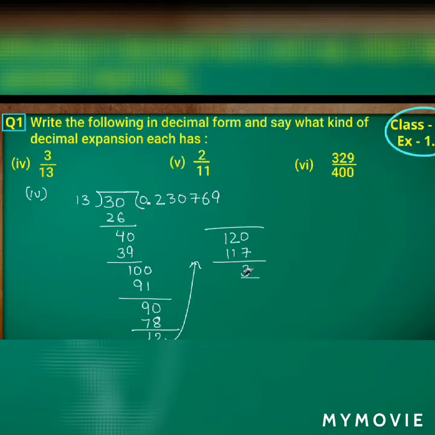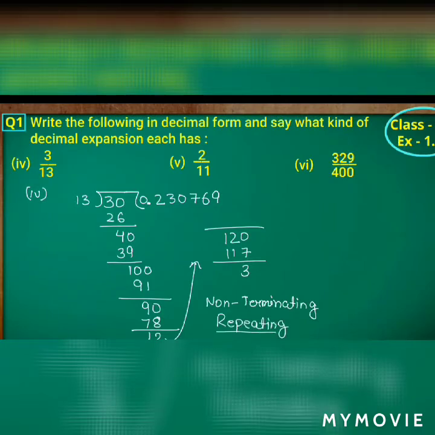So we can directly say that the values are going to be repeating. So I can directly stop there, and it is said to be a non-terminating, repeating or recurring decimal.